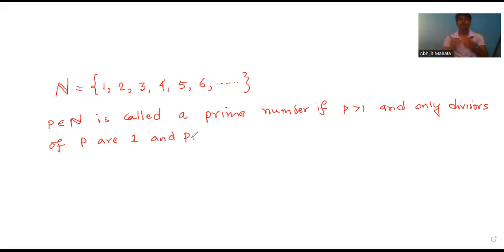So if you have a number from this list, then that number we call a prime number if the number is greater than 1 and it has only two divisors, 1 and p. Okay, so now if a number is not prime, it is called a composite number.